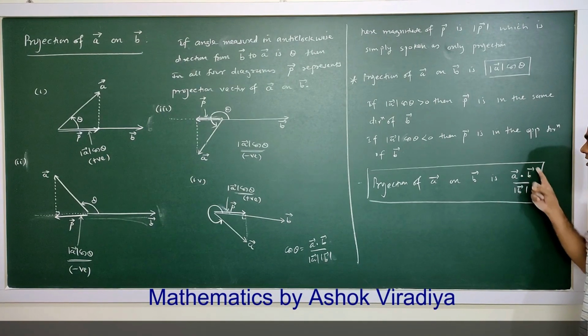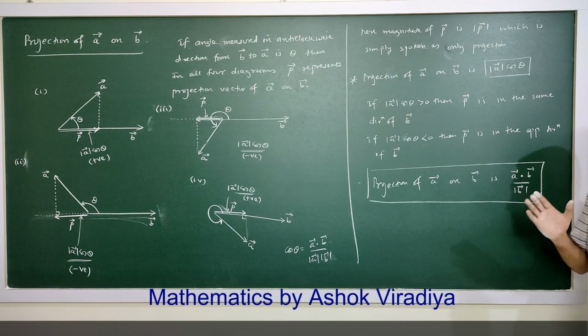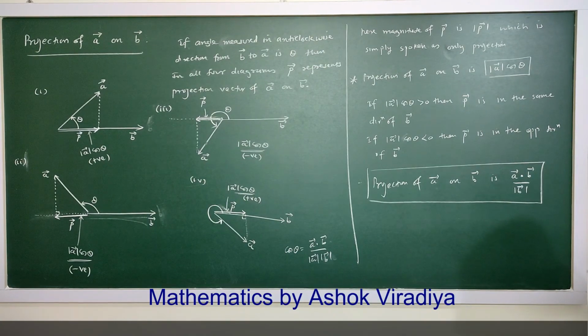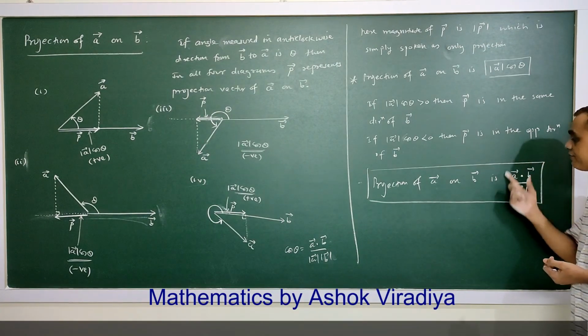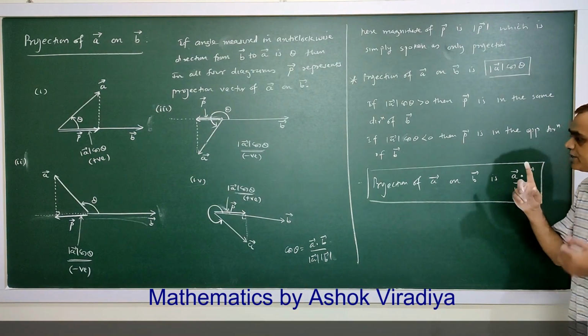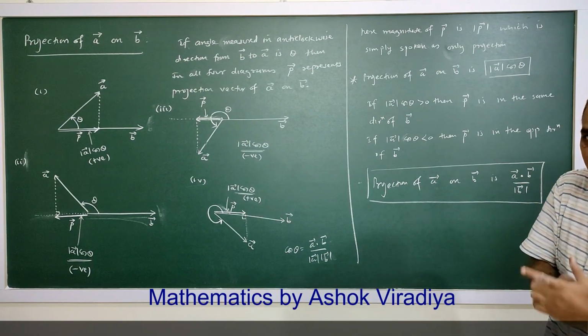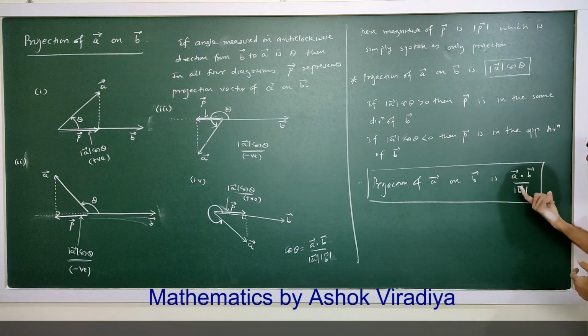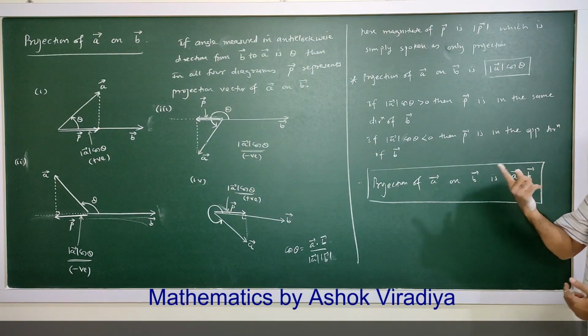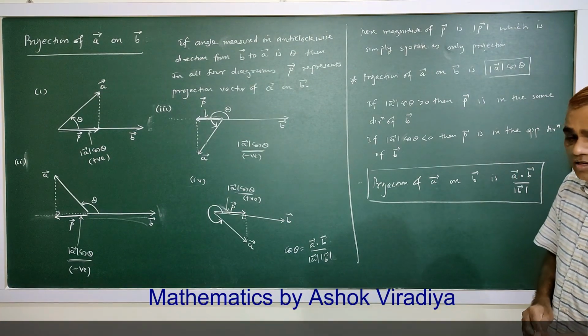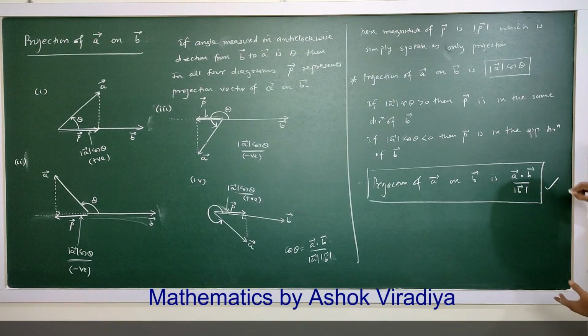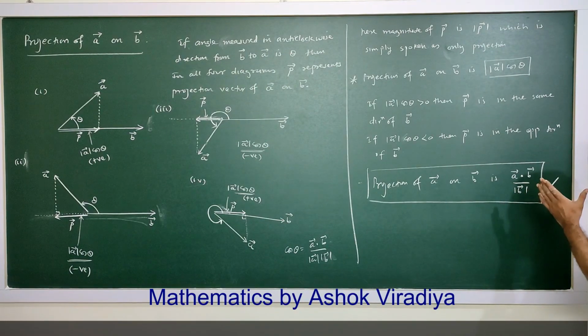If this value is 5, then the magnitude is 5 and the projection vector is in the same direction as vector B. If this is minus 5, that means the magnitude is 5. Magnitude is always positive, but the projection will be in the opposite direction of B bar. So this result is useful to find the projection of any vector on another vector.